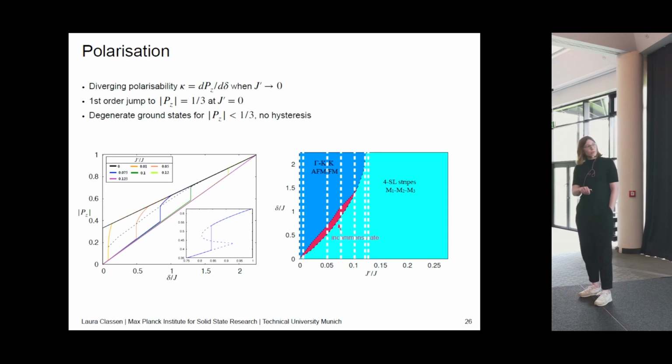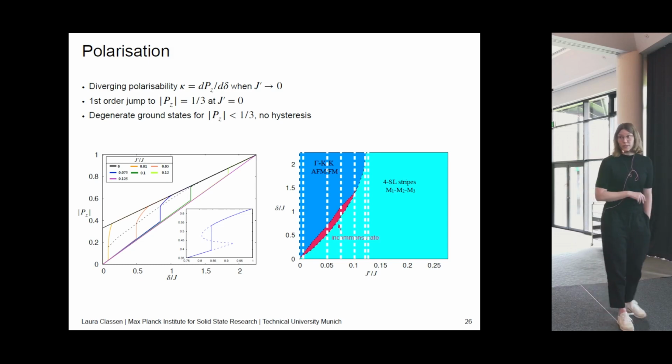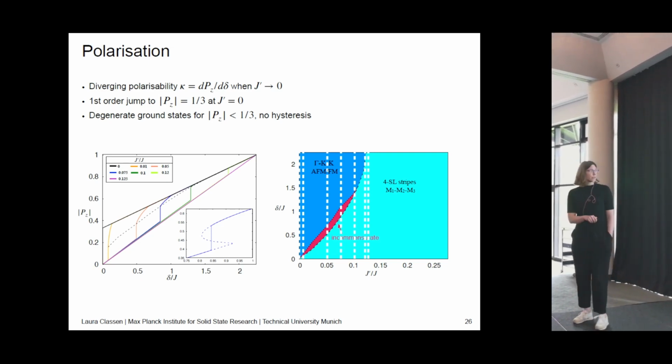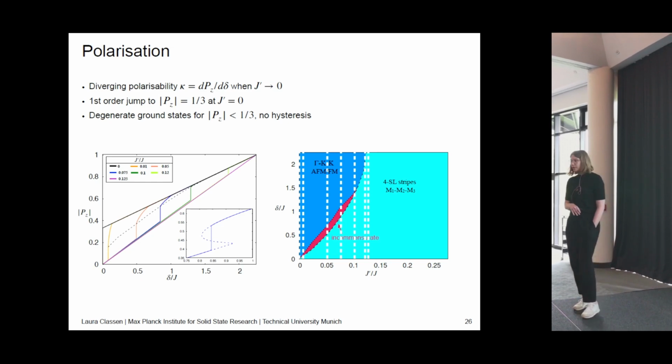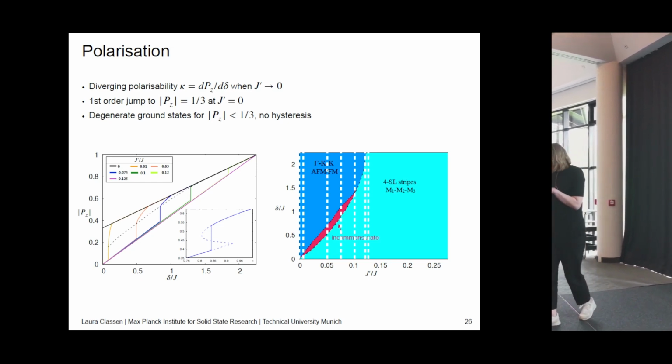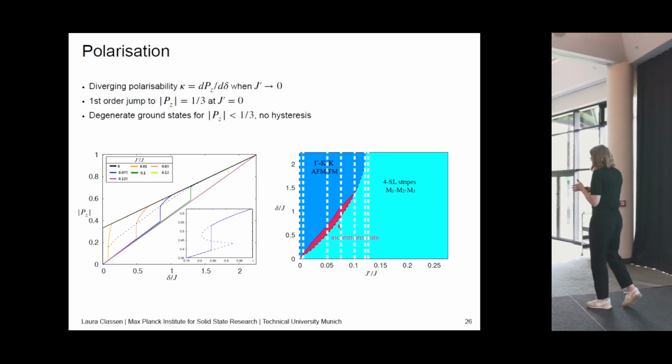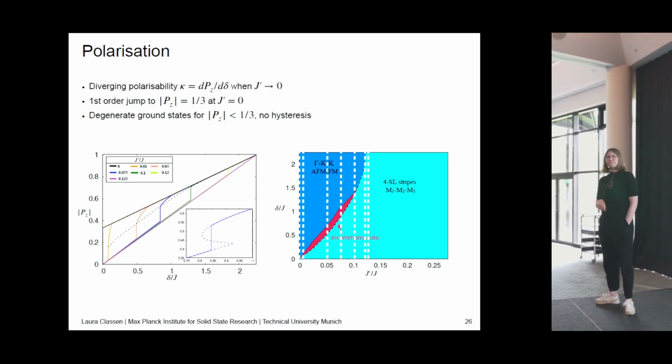If I go to smaller and smaller values of J prime, the polarisability, which is basically the derivative here, becomes sharper and sharper, ending up in a first order transition at J prime = 0, and this might explain the increased polarisability that was seen in experiment. And note also that this is an interesting first order transition with a degenerate set of ground states, which means you don't have any hysteresis.